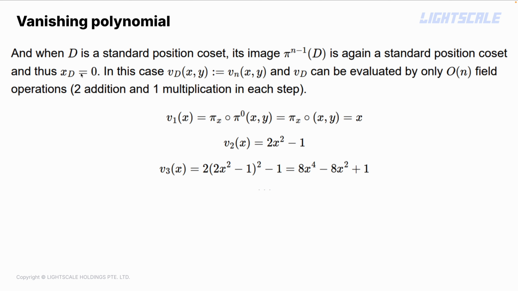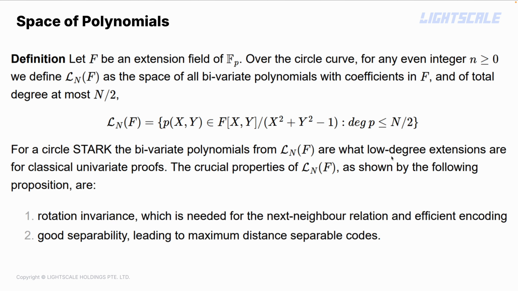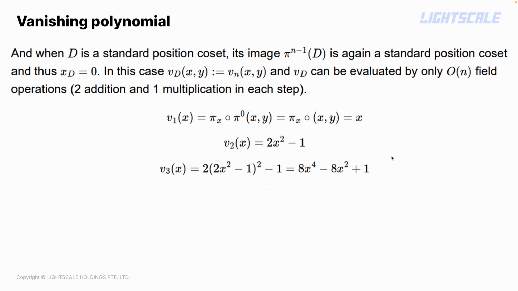So as we've seen before, the only possible one is this one, so the x is 0. So in this case, v_d of x, y is actually v_n of x, y. So the minus x_d is 0, and then v_d can be evaluated by O(n) field operations, 2 additions and 1 multiplication in each step.